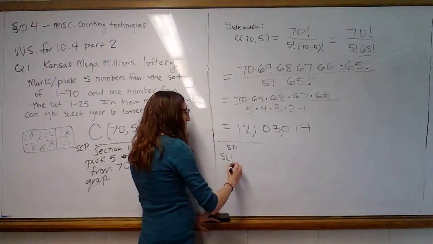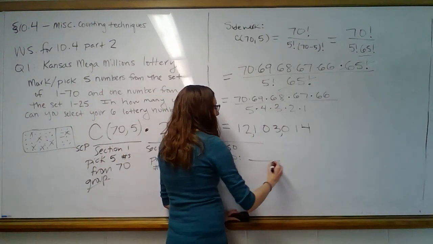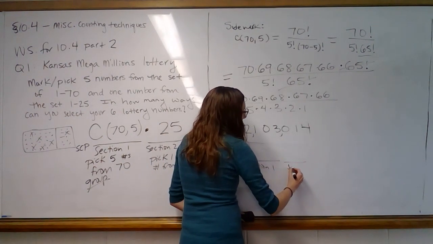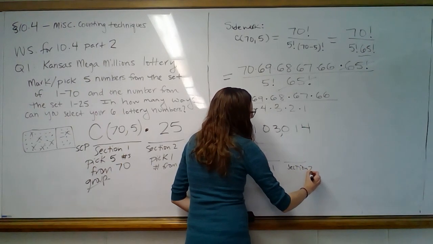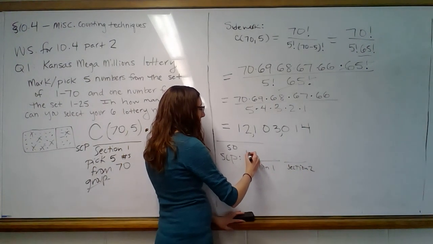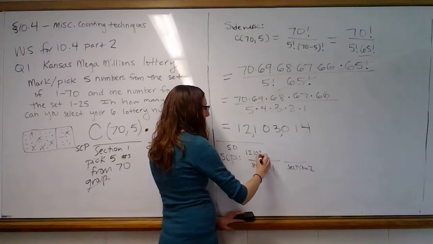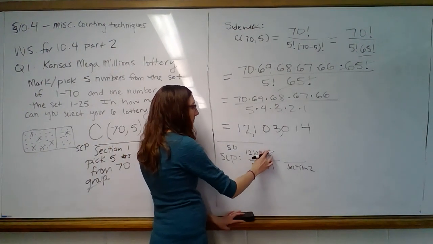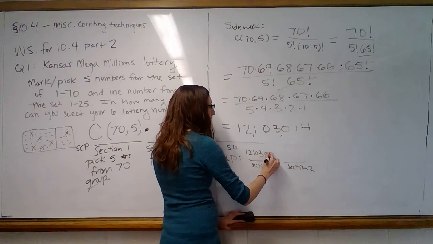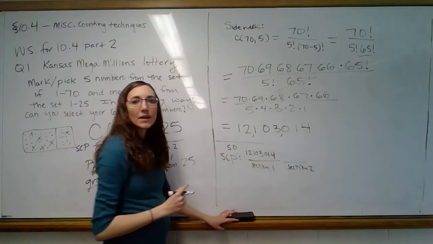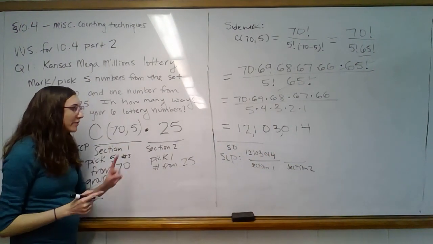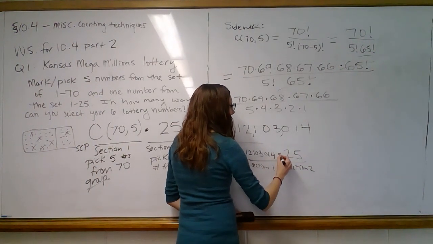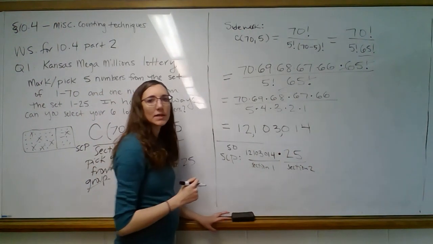So then sequential counting principle, right, we had section 1 and section 2. So section 1 is this 12,103,014. And then section 2 was the 25. And sequential counting says multiply those two numbers together.